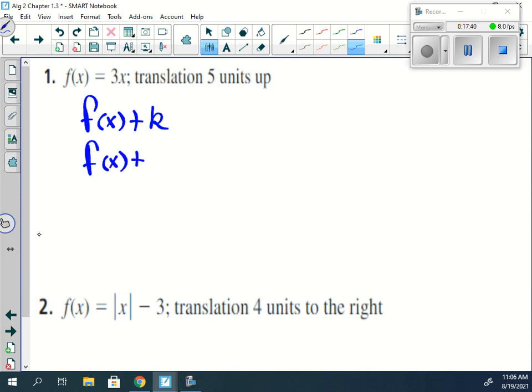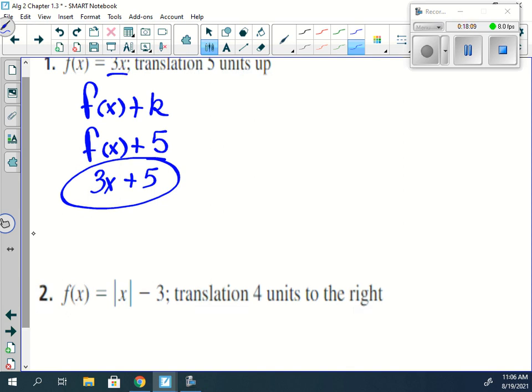Since we're moving up, it would be a positive 5. And f of x is what? Because the original function didn't have anything added to it, it's just 3x. The 5 is just added on to the end. Any questions on number 1?